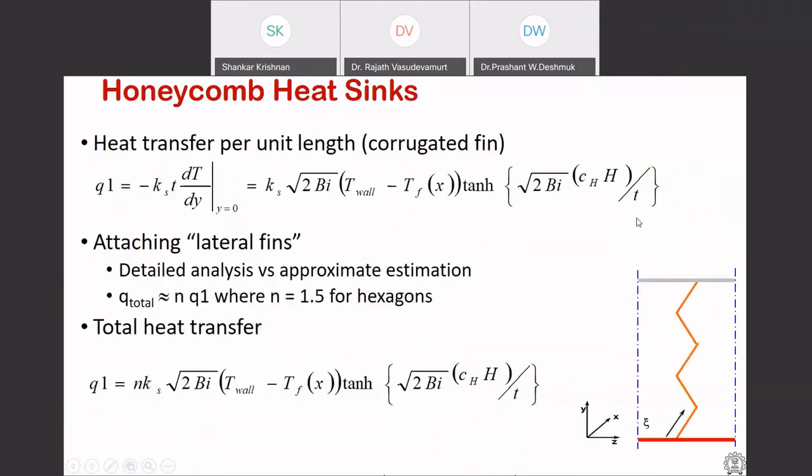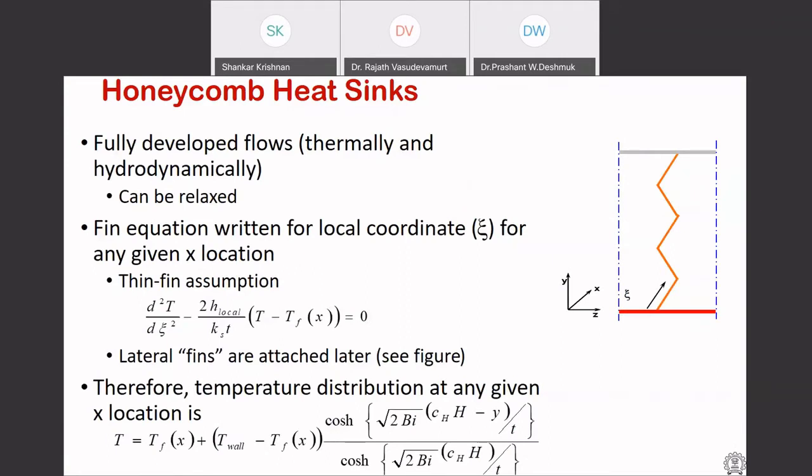A simple fin equation is given by this expression, and you note that instead of writing your coordinate in the y direction, d square theta by dx square, we write it in terms of this local coordinate psi. That psi can then be easily related to y based on its geometry.